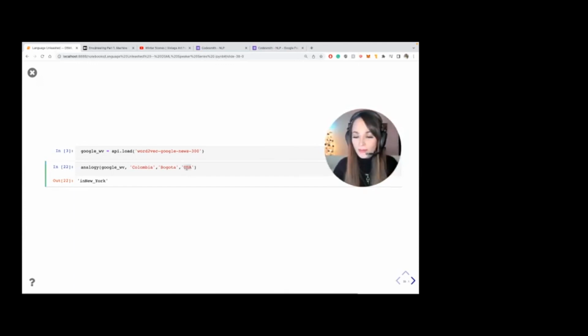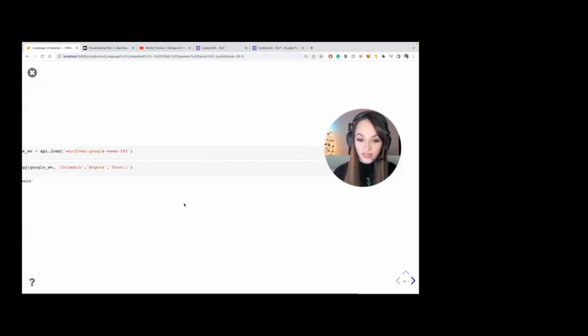And same thing will happen if we do Brazil. So if we do Brazil, the capital of Brazil is Brasilia, but it says Sao Paulo because Sao Paulo is basically the New York of Brazil. So same thing happens. This is just to highlight, and we have to be very careful about this, that these are not facts. It's just what the machine learning learned through context. And we'll see why later on this is important.